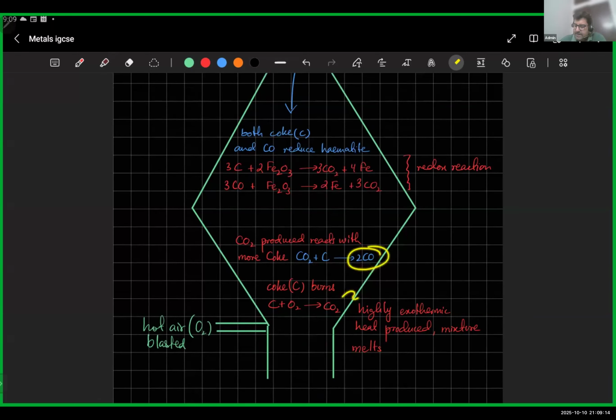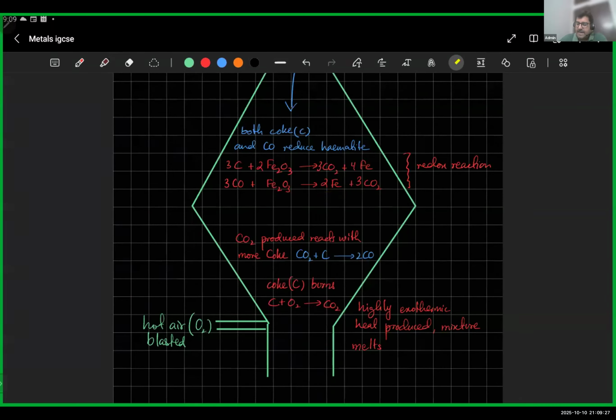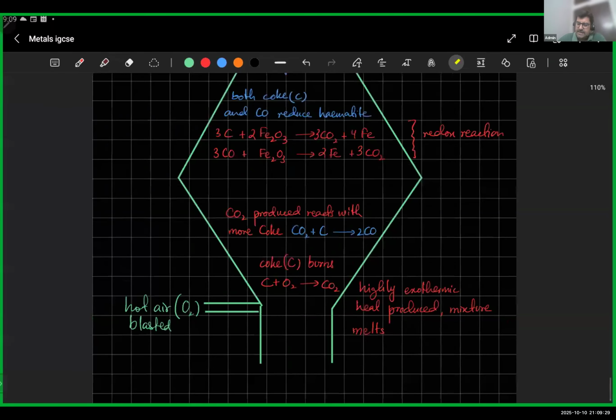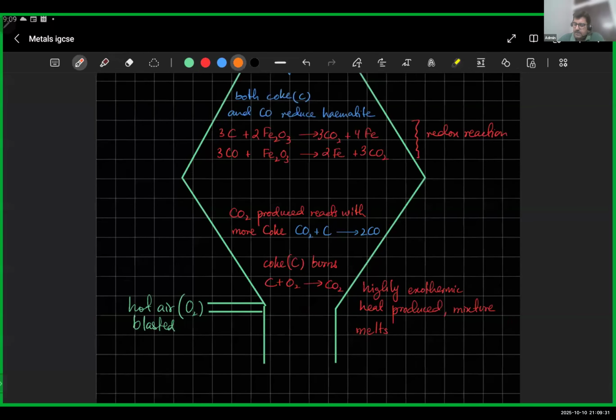So carbon monoxide and carbon dioxide will get produced. The carbon and carbon monoxide will then start reacting with the iron oxide. They'll start stealing the oxygens because they're more reactive, and iron will be produced. Now, this iron that gets produced sinks to the bottom. Because remember, transition metals are heavy.